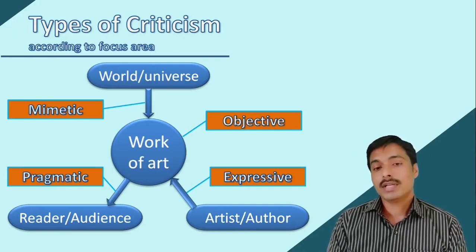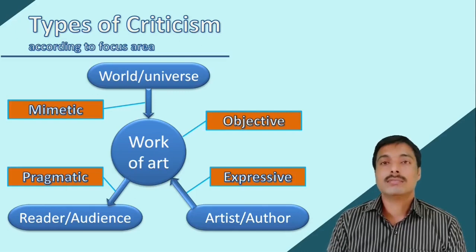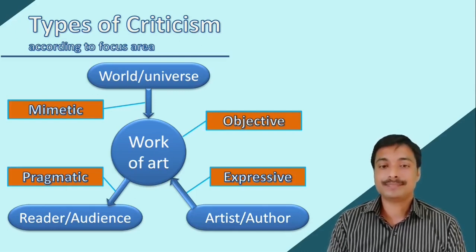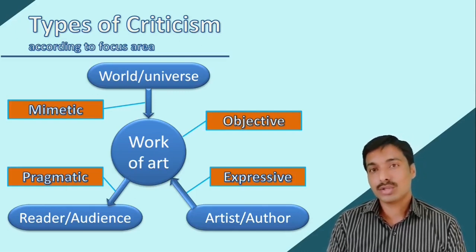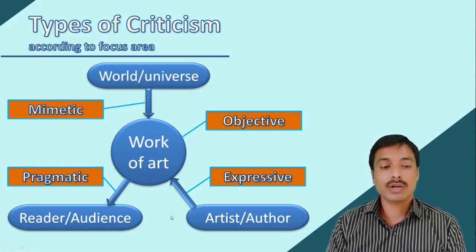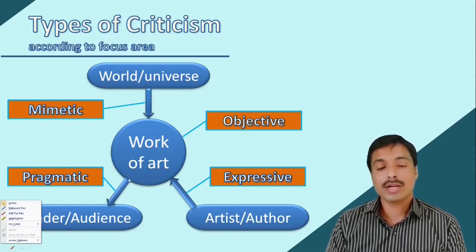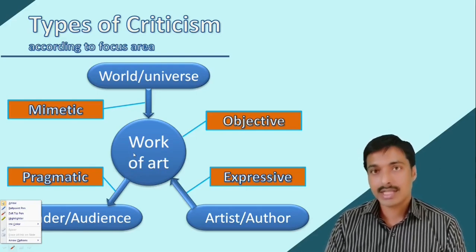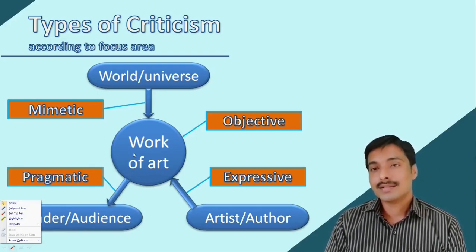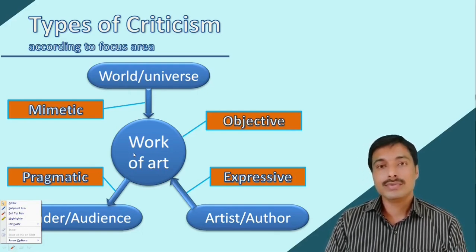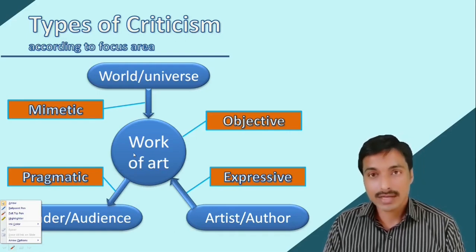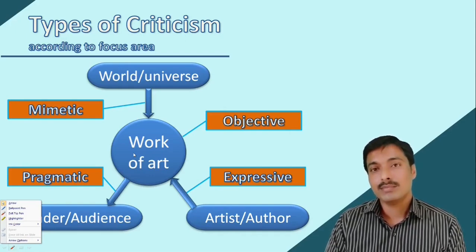The next important area of activity is the objective domain of literary criticism, when all other coordinates do not matter, only the work of art matters. So at the middle of 19th century, there was a rise of aestheticism, and people started questioning the use value of literature, and aestheticism gave a new kind of dictum, new kind of motto to art: art for art's sake.